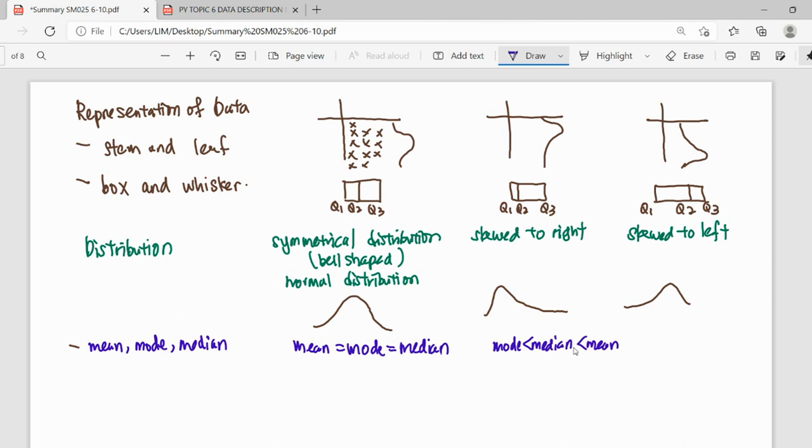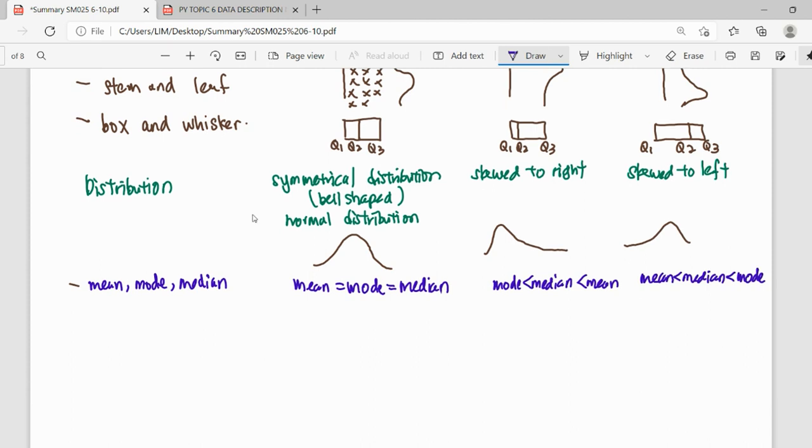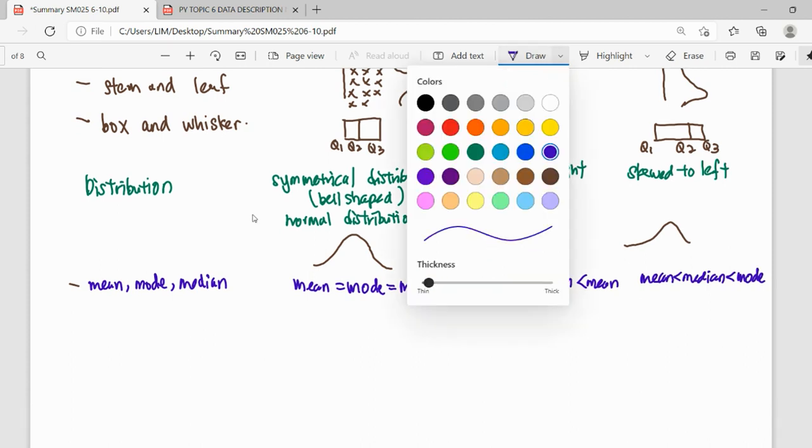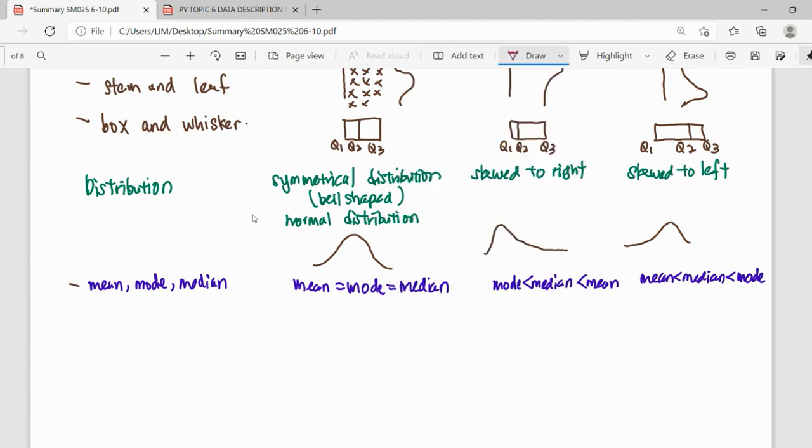And for skew to the left, your mean will be smaller than your median, and then smaller than your mode. So this is the third way to identify the distribution, and the last way is using your calculation, which is Pearson's skewness coefficient.